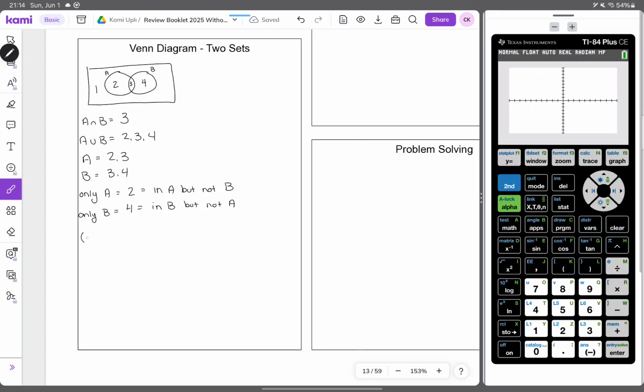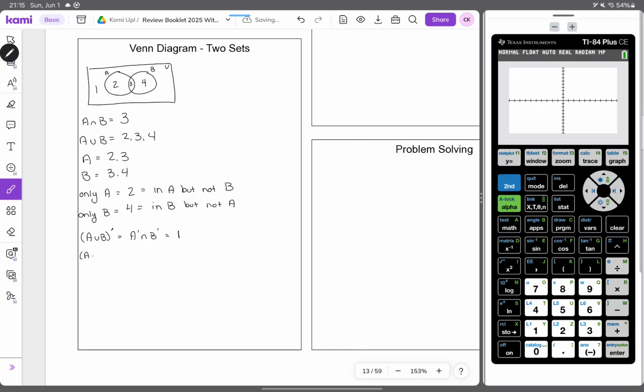I could also say A union B complement, or not, just the same as A complement intersect B complement. And this is region 1. This is our universe.